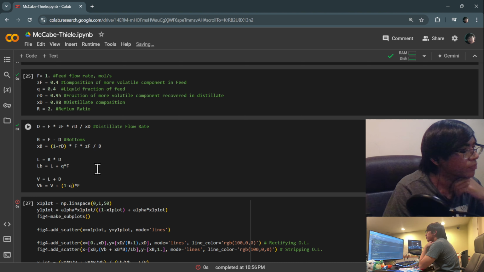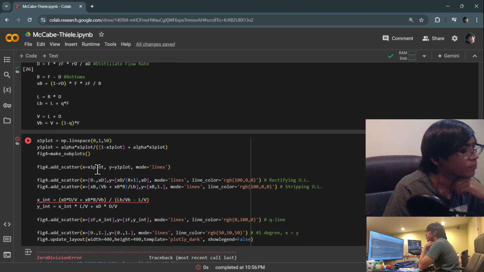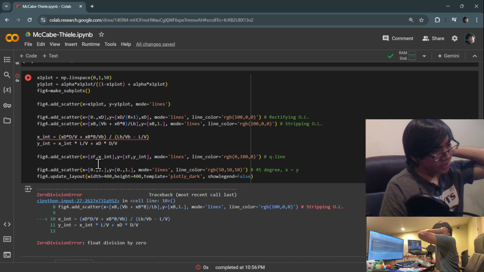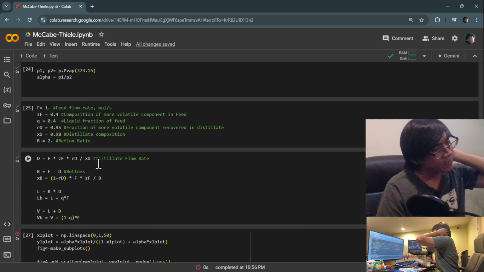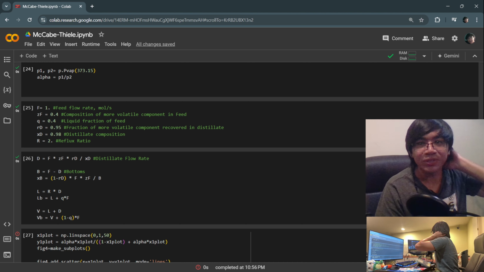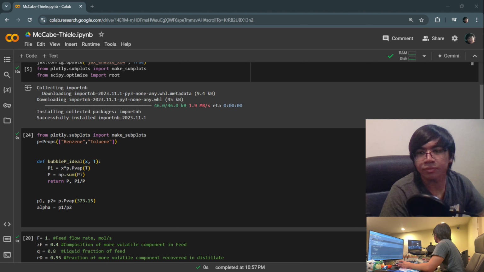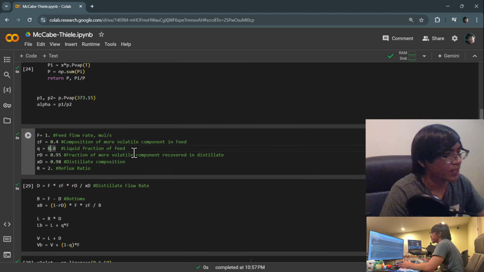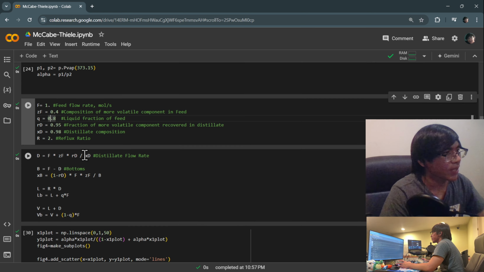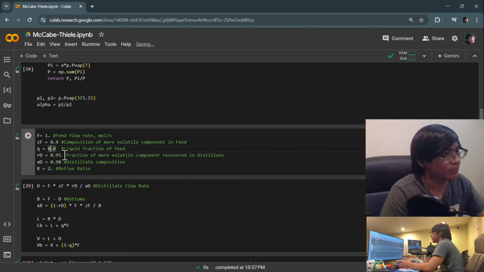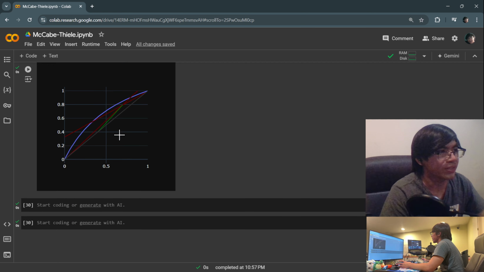Interesting. I was hoping to be done, but I guess we'll have a final error to troubleshoot. Okay, so from what I can surmise, it's basically that our liquid fraction was too low, so we were getting a divide by zero error in the rest of our expressions here. And once I changed it to an actual liquid fraction that works, I can see the line is changing.